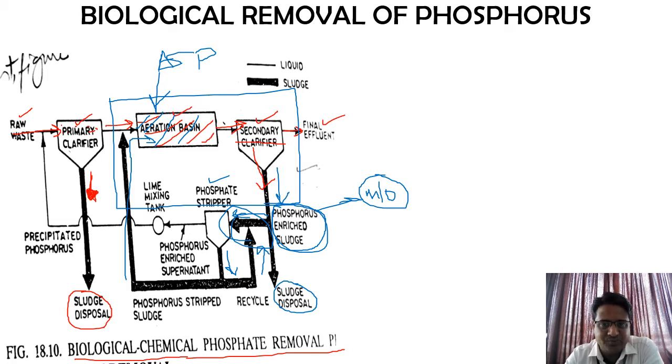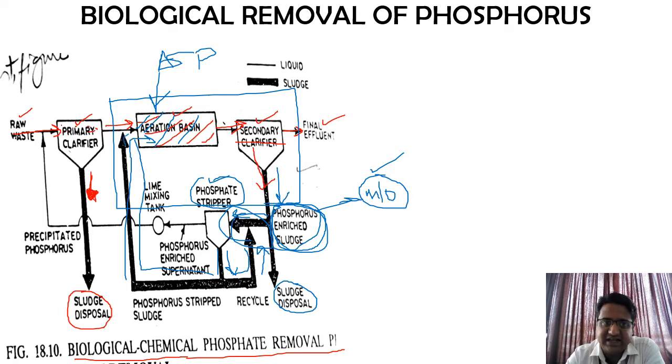I need to reuse this sludge. I cannot directly dispose of it, because it has things I require for the treatment. So I go for this phosphate stripper, where partially the sludge is recirculated to the initial stage, and a few things are circulated to the aeration tank.